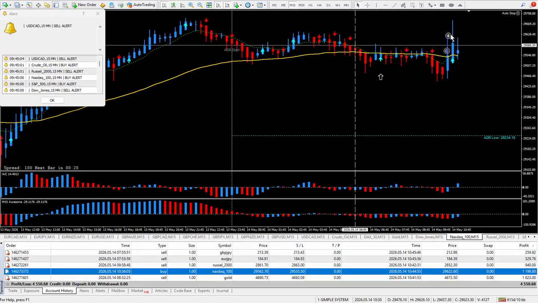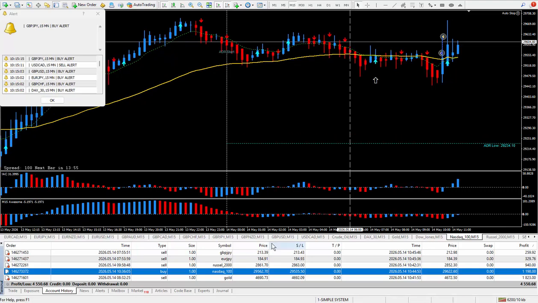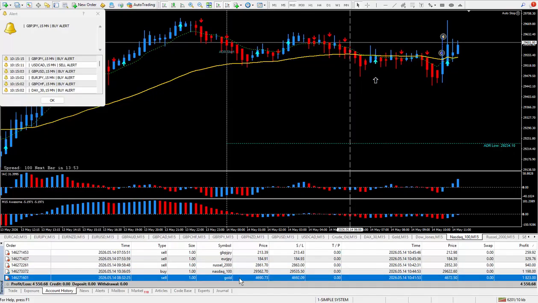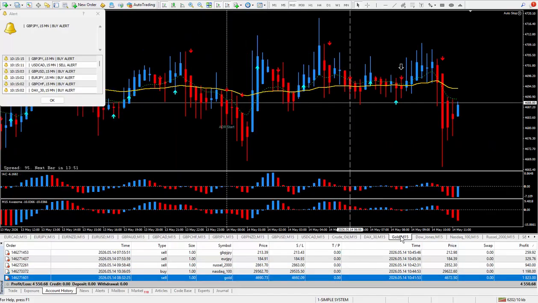Bought it here, and I got out here. Wasn't looking for very much, but 60 ticks is enough. There it is right there, 60 ticks, and that paid out $1,198.